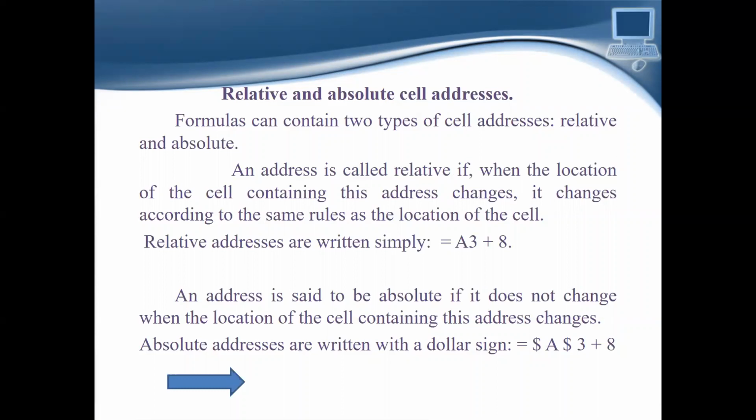Relative addresses are written simply: the symbol equal, A3 plus 8. An address is said to be absolute if it doesn't change when the location of the cell containing this address changes. Absolute addresses are written with a $ sign. At first, you write down the sign equal, then $A$3 plus 8.